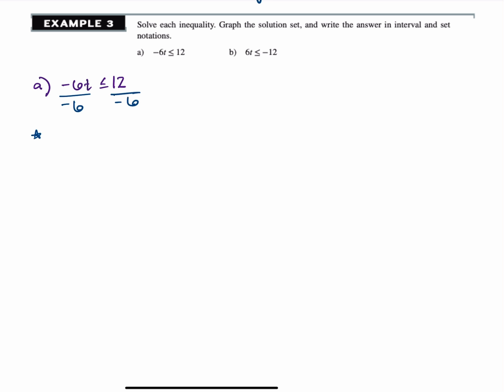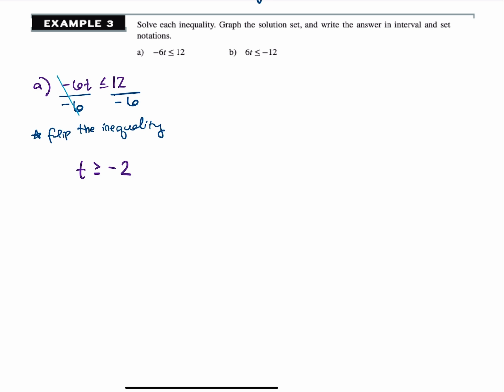So we need to flip the inequality. So on the left side, we'll just get t remaining, but instead of being less than or equal to, I'll say is greater than or equal to. And then 12 divided by negative 6 is negative 2. So we had to flip the direction because we divided both sides by a negative.